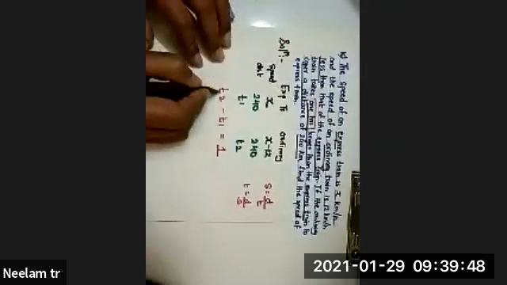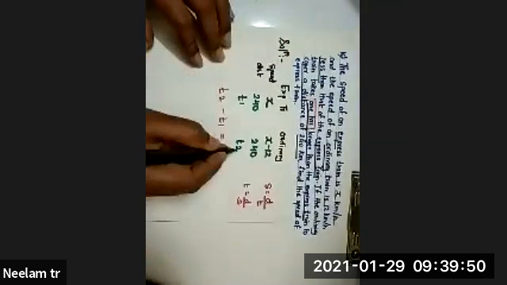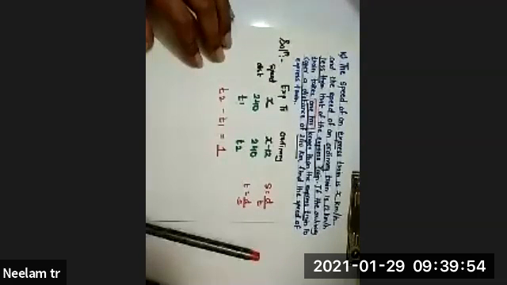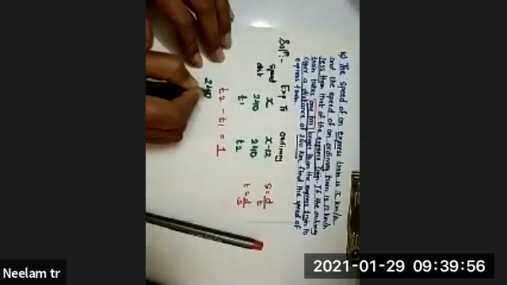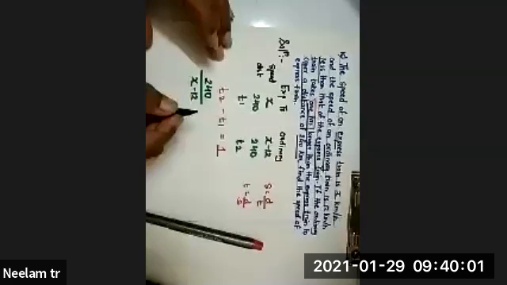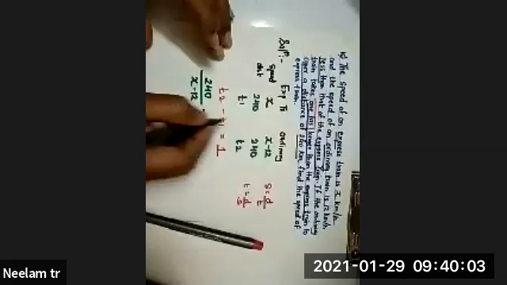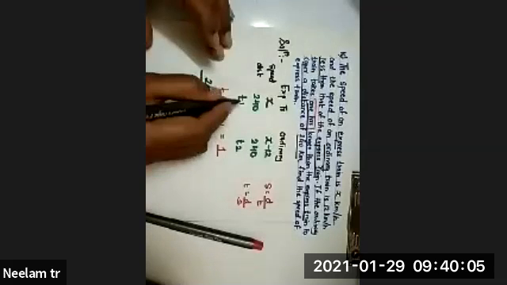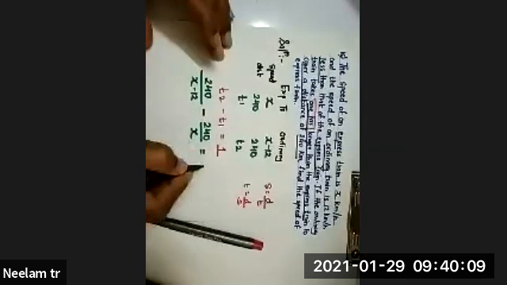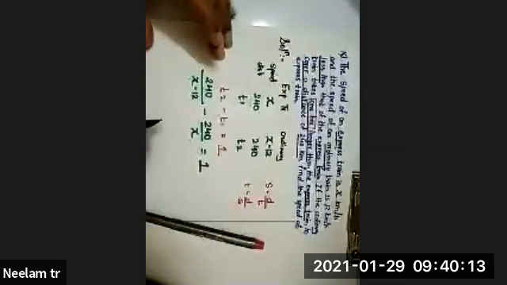So what is T2? T2 will be 240 upon x minus 12. Okay, then what is T1? T1 will be 240 divided by x, in 1 hour.